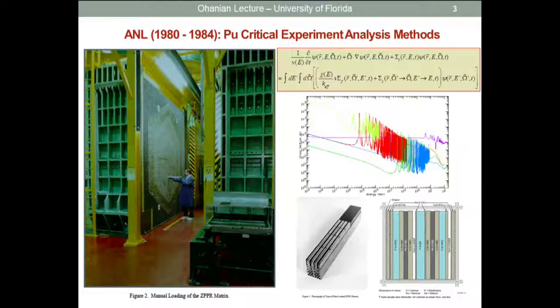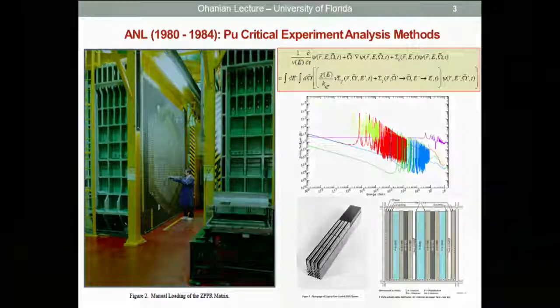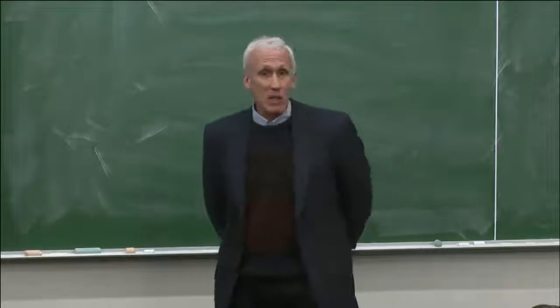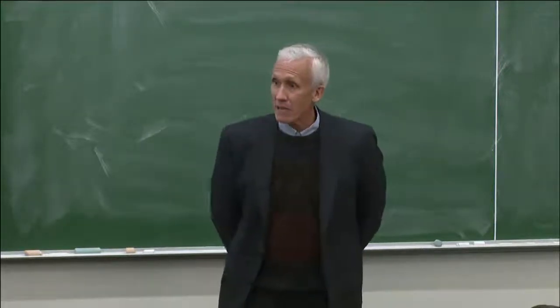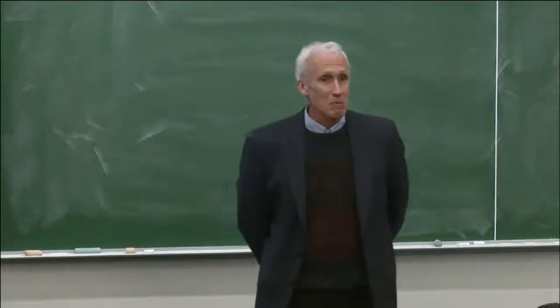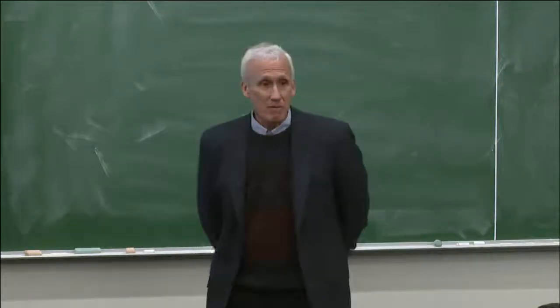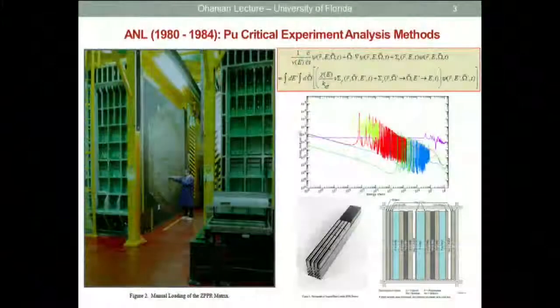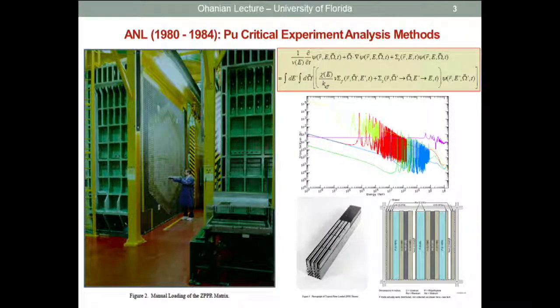When I left graduate school in 1980, it was a time at which we had anticipated building the Clinch River breeder reactor. It was going to be a large production fast breeder reactor, producing more fuel than it consumed, a concept which originated way back in the 1940s and 50s. And this was an experimental facility called the Zero Power Plutonium Reactor that I worked on for 4 years, doing analysis and experiments.